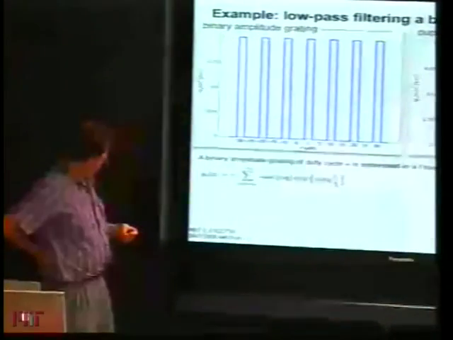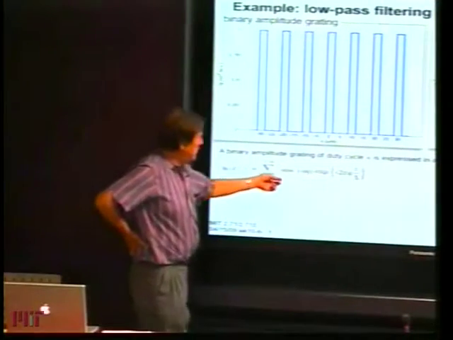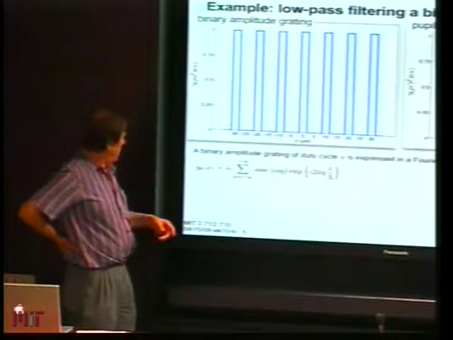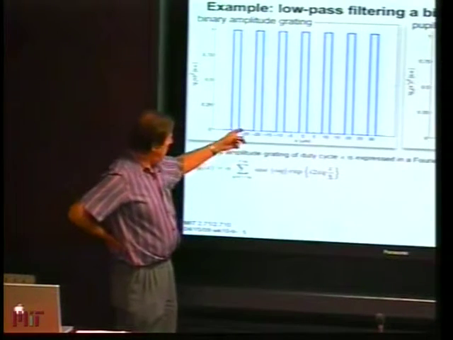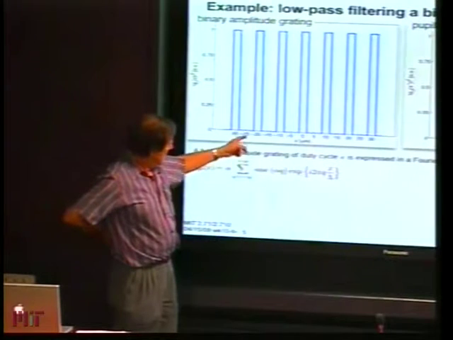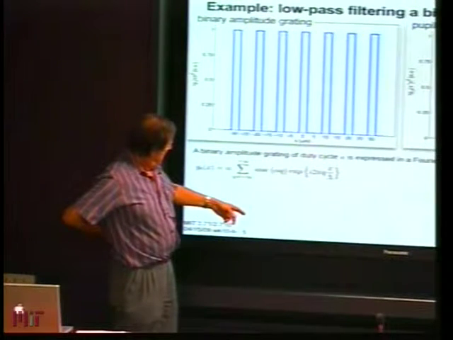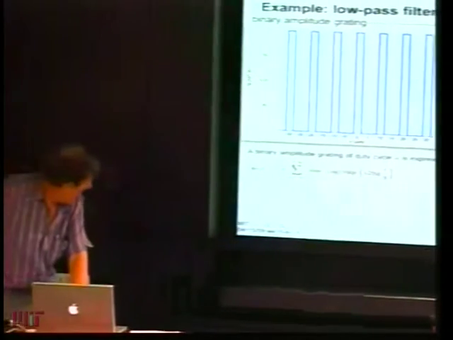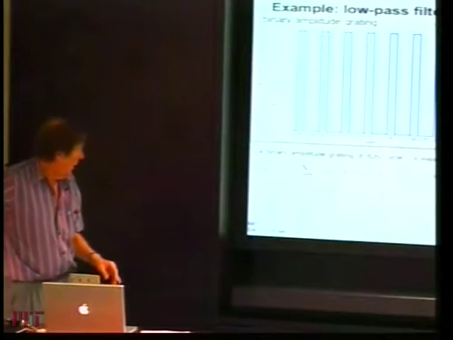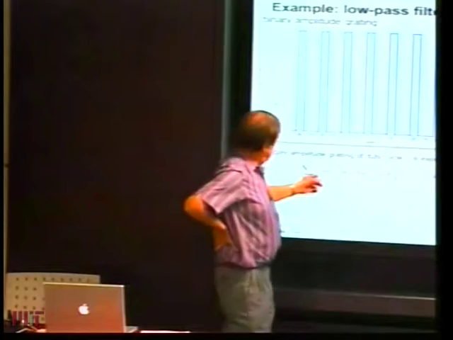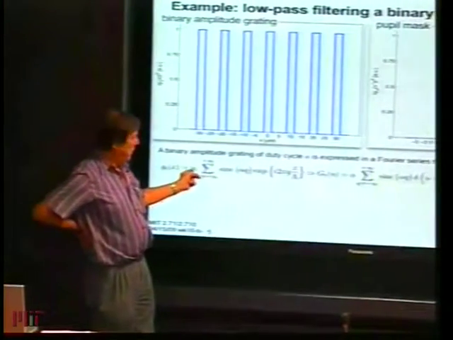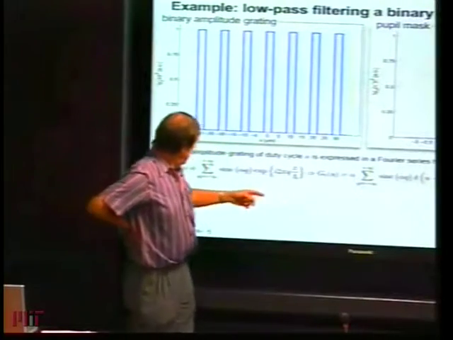So where this comes from is that we're saying that this function is a... maybe it's easier if I go on to the next slide, which is the Fourier transform. The strength of these components is what we've got to find out.